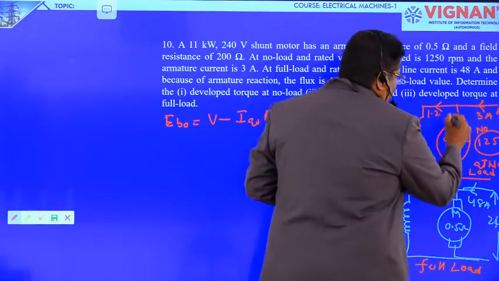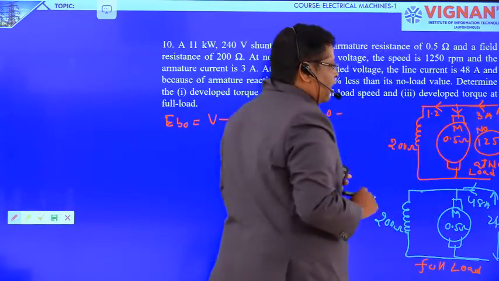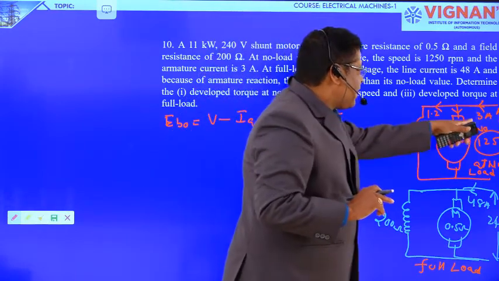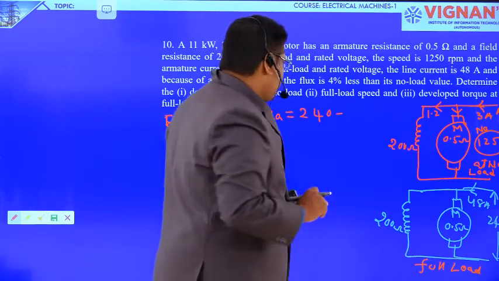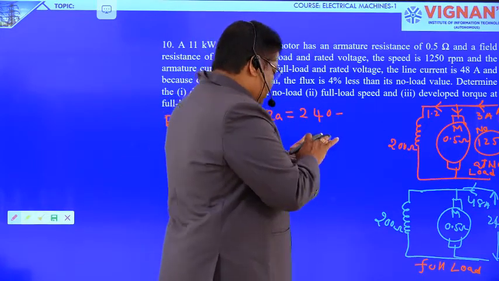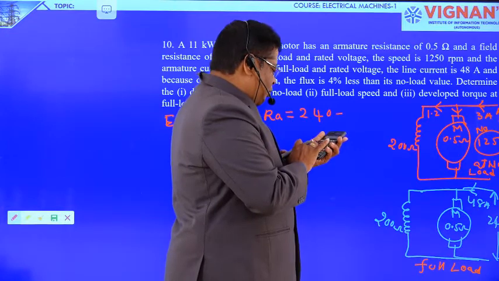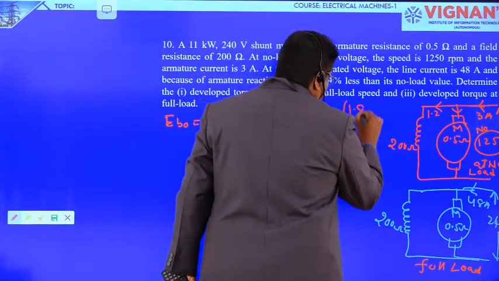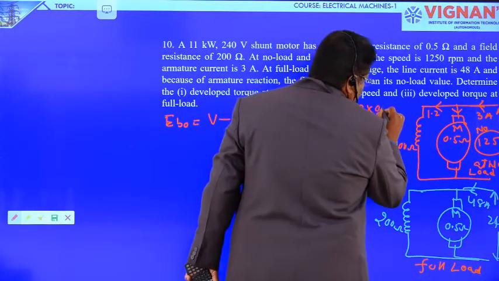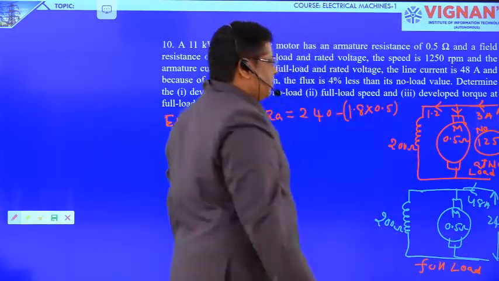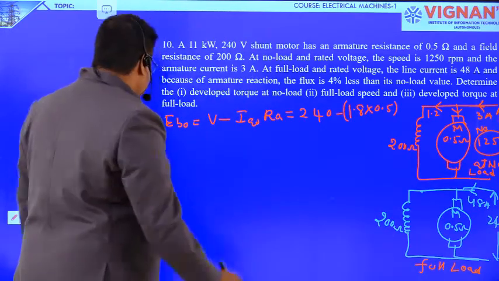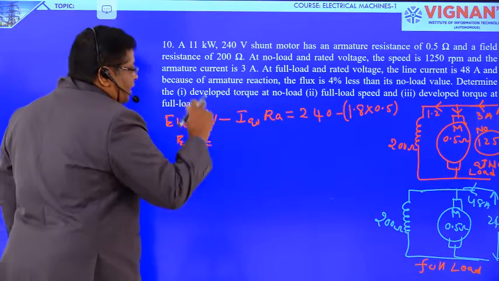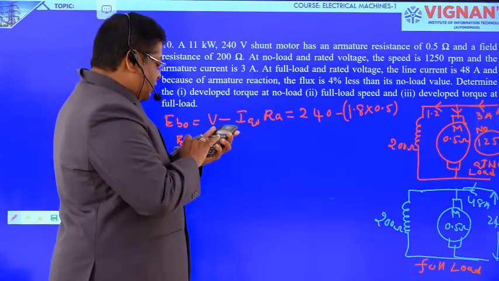Now the armature current I_a0 equals 3 minus 1.2, which is 1.8, into armature resistance 0.5.